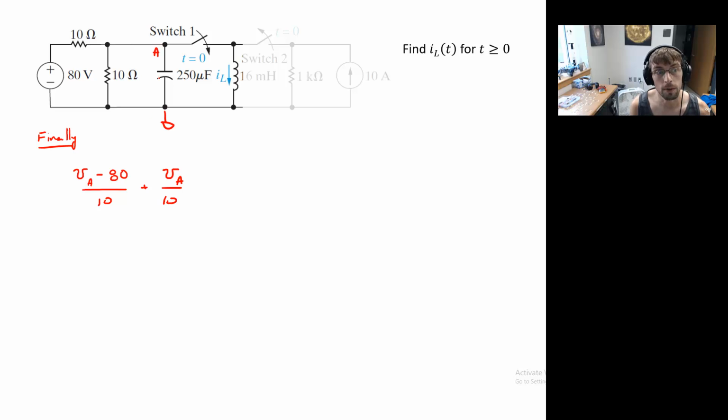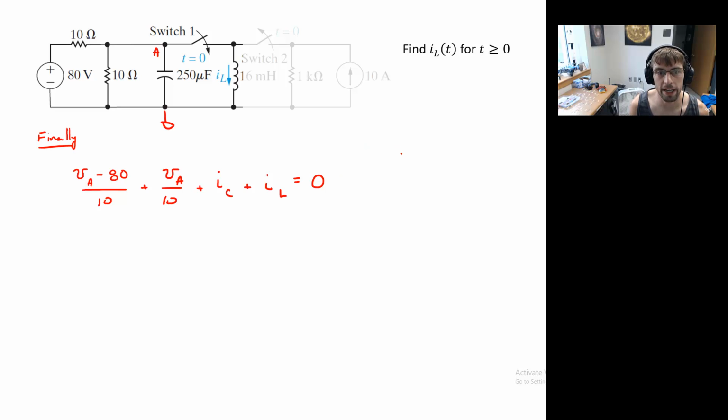Okay. Now remember, I have to think about the current going through the capacitor. So I better set this equal to I through the capacitor, right? That's this branch. And then I should think about the current flowing through the inductor. And that whole rigmarole better be equal to 0, right?